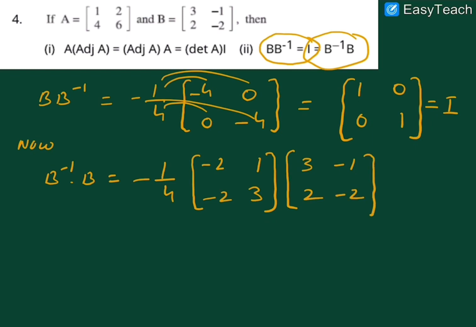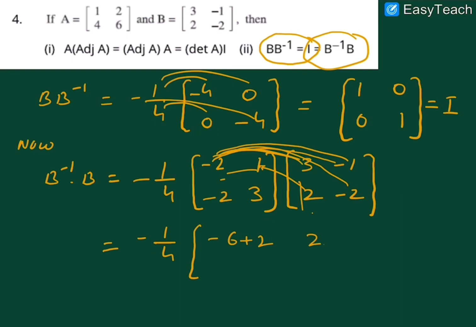So we'll just multiply this. -2 into 3 is -6, 1 into 2 plus 2; -2 into -1 is 2, and 3 times 2... -2 with 3, -6 plus 6; -2 times -1 is 2, and 3 times -2 is -6.